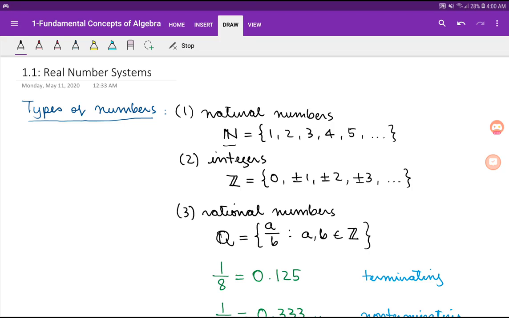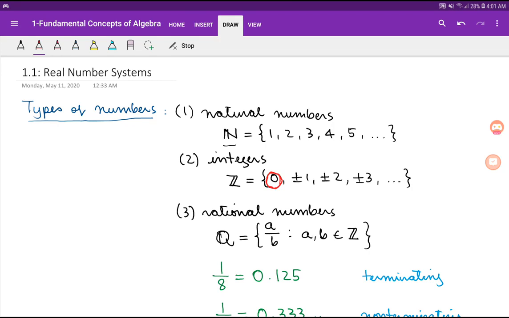The second type of numbers in the real number system is integers. The first difference between natural numbers and integers is that integers have 0 included in the set, whereas natural numbers begin with 1 and not 0. The second difference is that negative numbers are included.